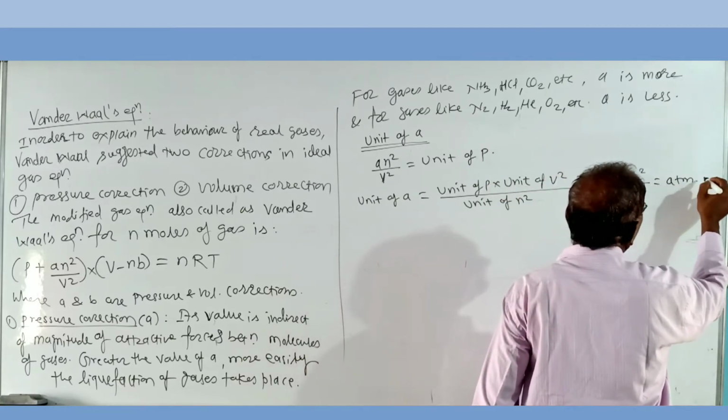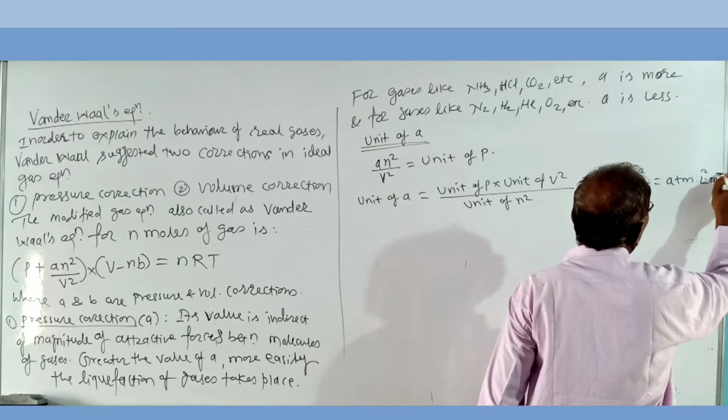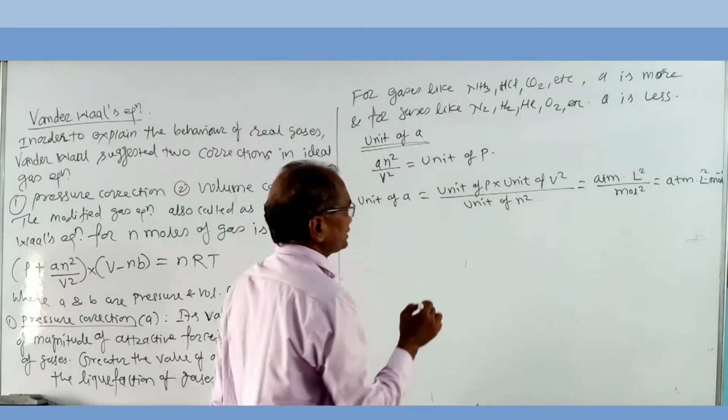That is atm liter² mole⁻². This is the CGS unit.